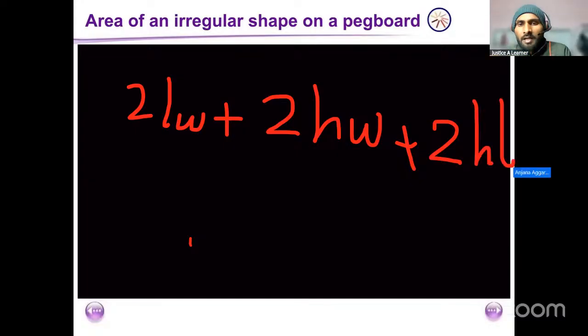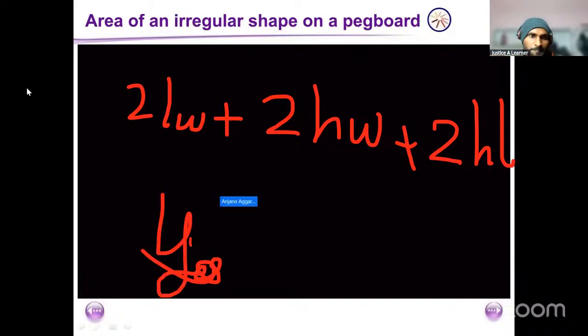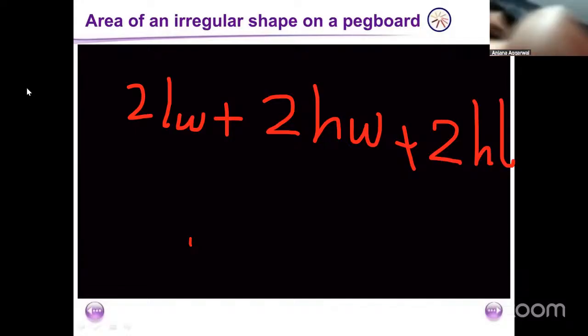I told you the trick as well. HWL: whatever is remaining, you can write each time making it a pair. LW, then HW. Or WH can be written and HL is remaining. Okay. Great. So these are the things we already discussed.